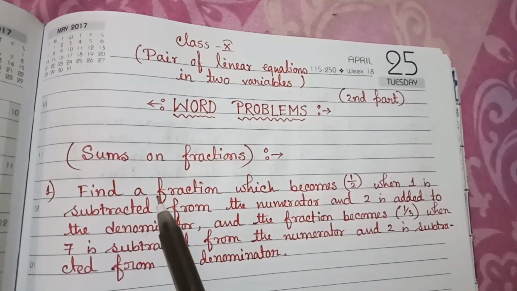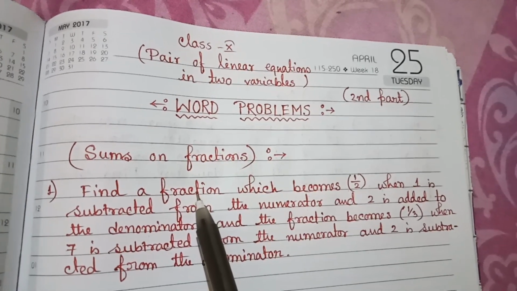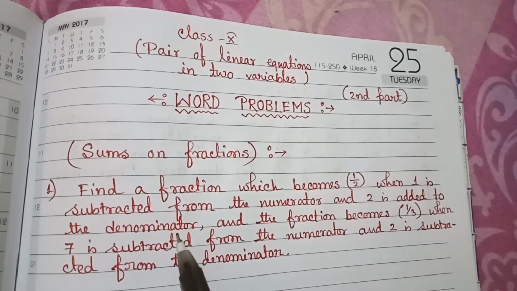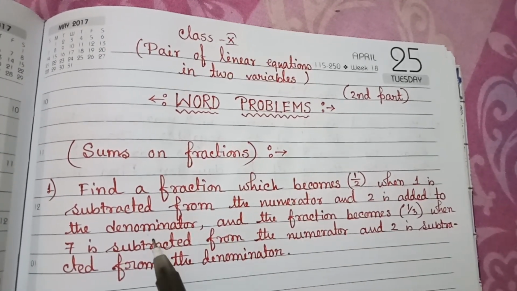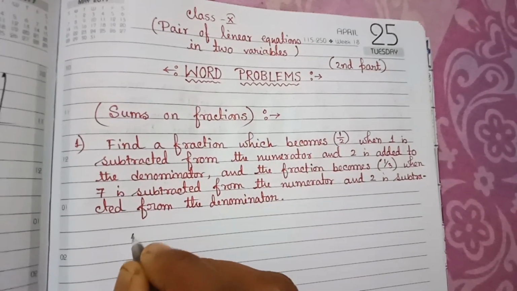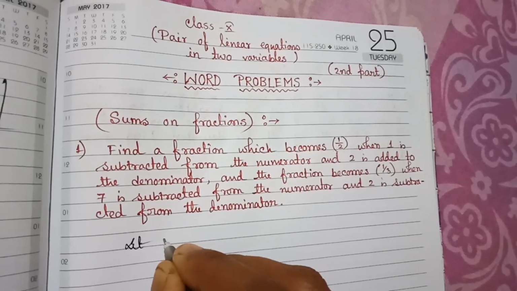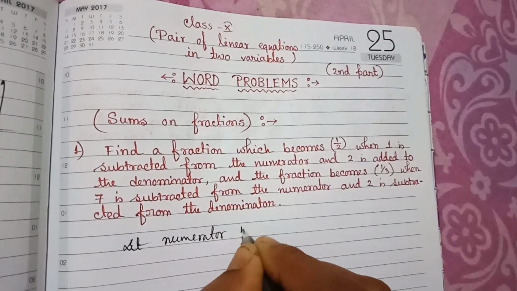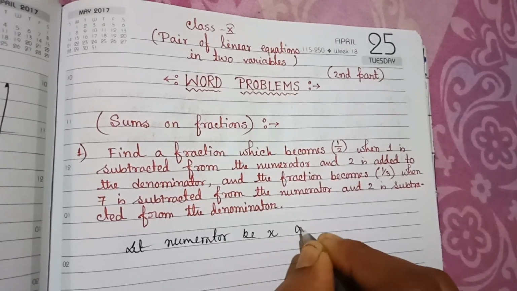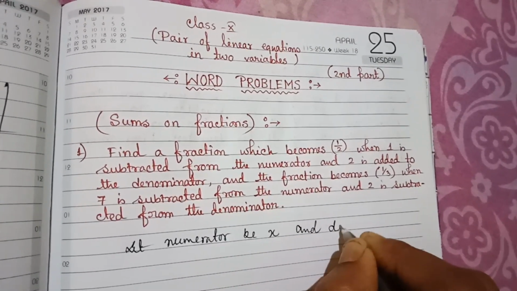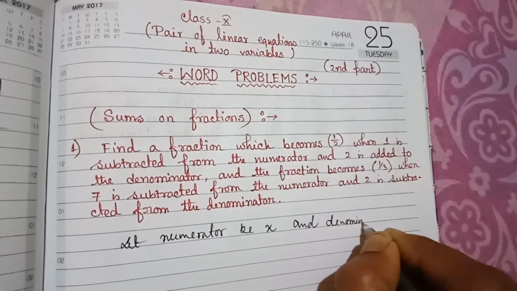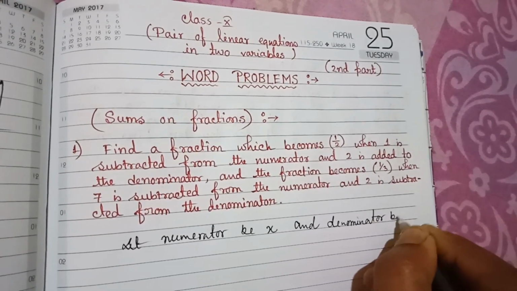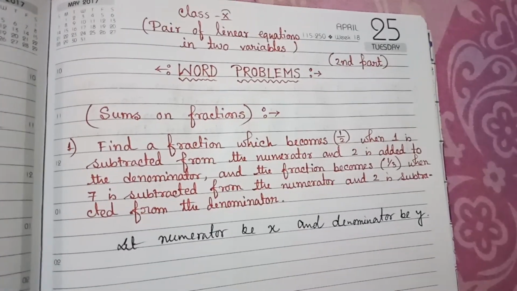So for finding a fraction, our first task will be to assume the numerator and denominator as two variables. So let the numerator be x and the denominator be y.